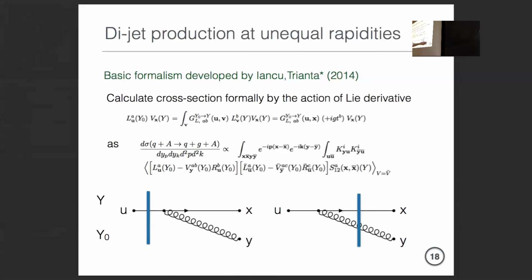So the cross section focuses on the part that gives you the amplitude: you have the original Wilson line factor, which is the quark in the amplitude, which scatters at some rapidity y. On top of that, you produce an extra gluon at some given transverse momentum, but at a smaller rapidity y naught. That's expressed by the action of this Lie derivative.